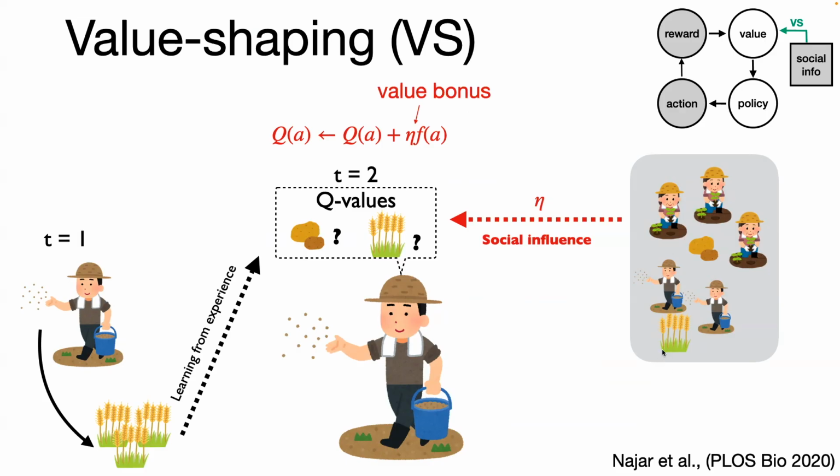He might then assume, to overcome his initial naivety as a farmer, that maybe potatoes are just a better and more effective crop to produce. And he generalizes at the level of value as opposed to policy, okay? And this paper by Najjar et al. already shows that there are distinguishable behaviors from decision biasing and value shaping as well.